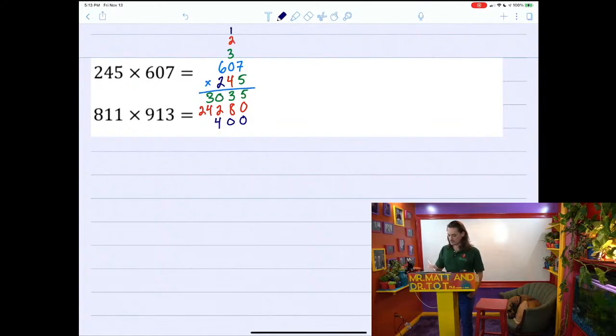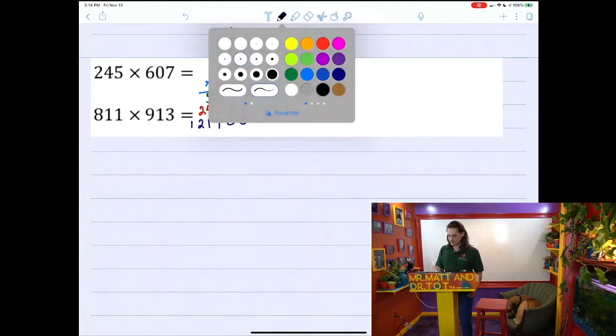And so now we add up all these values. 5 plus 0 is going to be 5. 3 plus 8 is 11, so keep the 1 and carry the 1 in the hundreds. 1 plus 0 plus 2 plus 4. 1 plus 0 is 1. 1 plus 2 is 3. 3 plus 4 is 7.